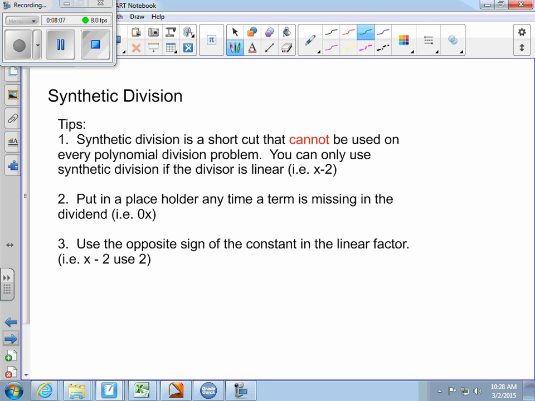And number 3, don't forget to change the sign of the constant in the linear factor. Again, the reason we do that is that's changing that second sign in the long division. The time that we always forget to change the sign, it's doing that for us. So you have to use the opposite sign of the constant in the linear factor.